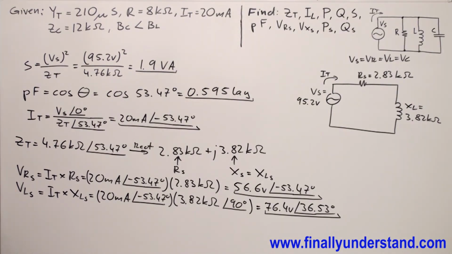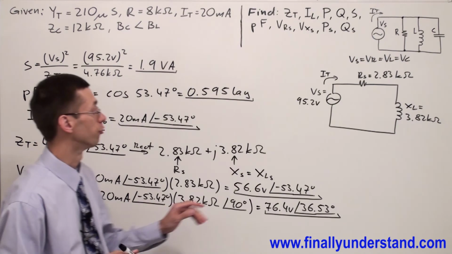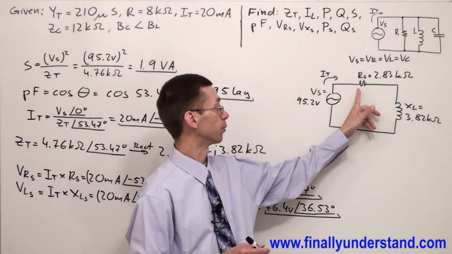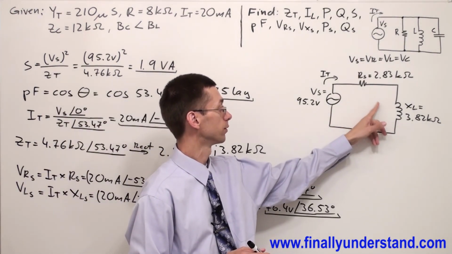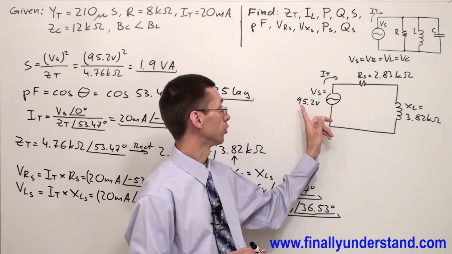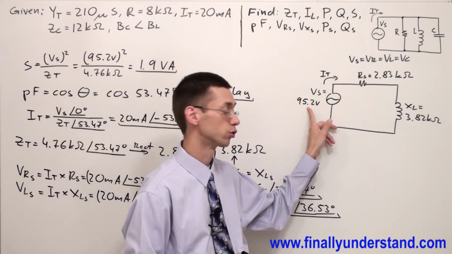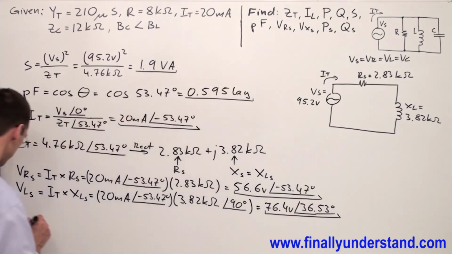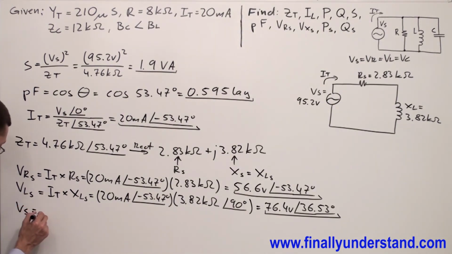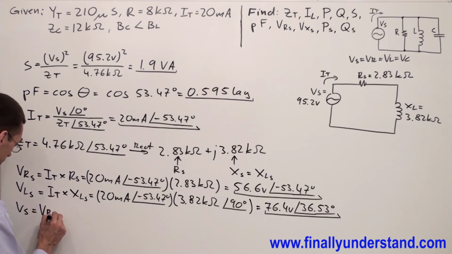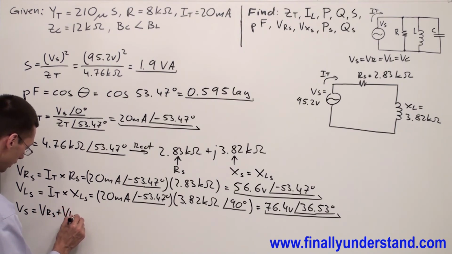Next, we are going to verify if our answers are correct. We are going to use Kirchhoff's voltage law, which says that if I add these two voltages, I'm going to obtain the voltage source. So the voltage source is equal to the sum of the voltage drops across all components. I have just two components, so V_RS plus V_LS.